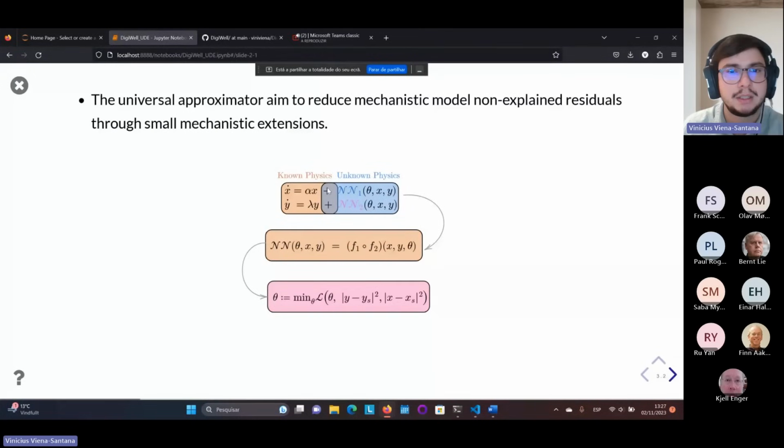I have here my nice mechanistic model, which can explain the observations quite well, and then I can put some universal approximators into it to cover the non-explained residual. This universal approximator can be a neural network, and since neural networks are parameterized, we should be able to estimate these parameters. And to estimate these parameters, we have to set up an optimization problem.